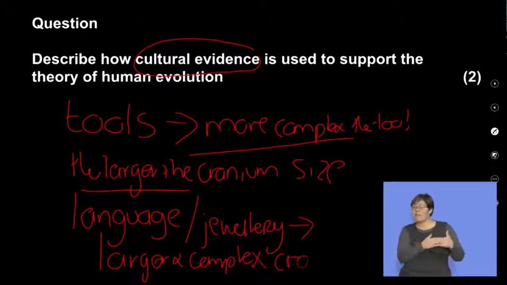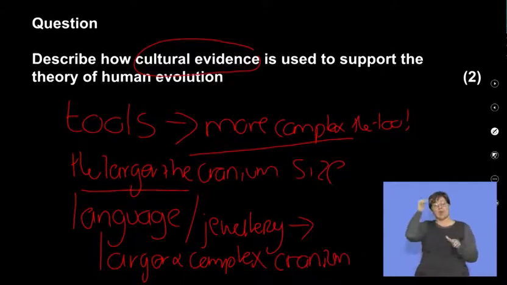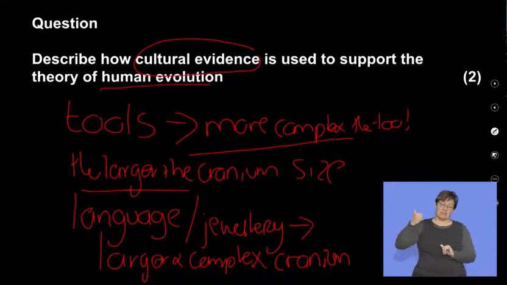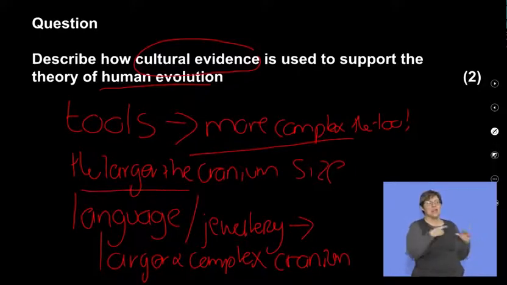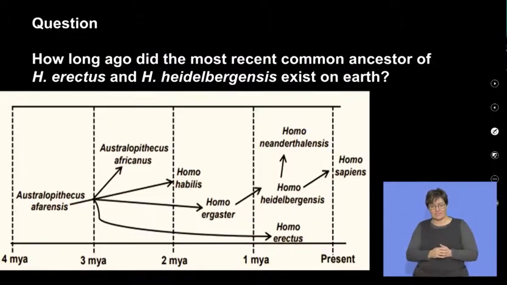Be careful what you say, guys, about intelligence. Don't link the cranium and brain size. So here we're looking at human evolution. Yes, we spoke about the brain size, but we literally made it about the cranium. The larger the cranium, yes, the larger the brain, the more intelligent we would be.